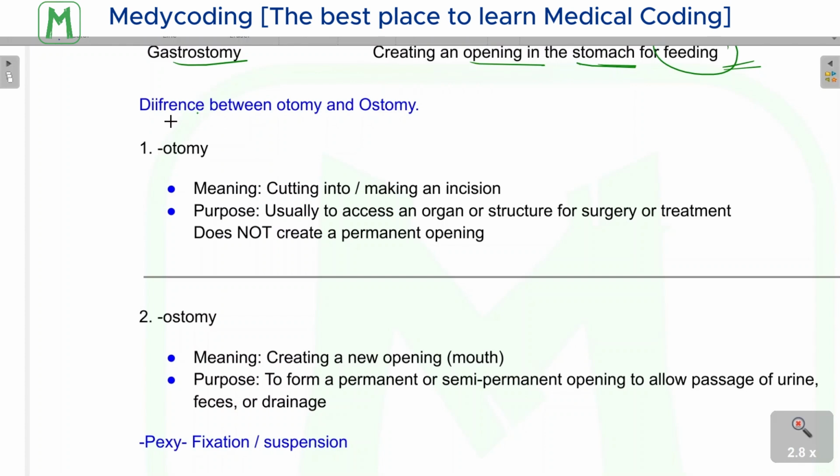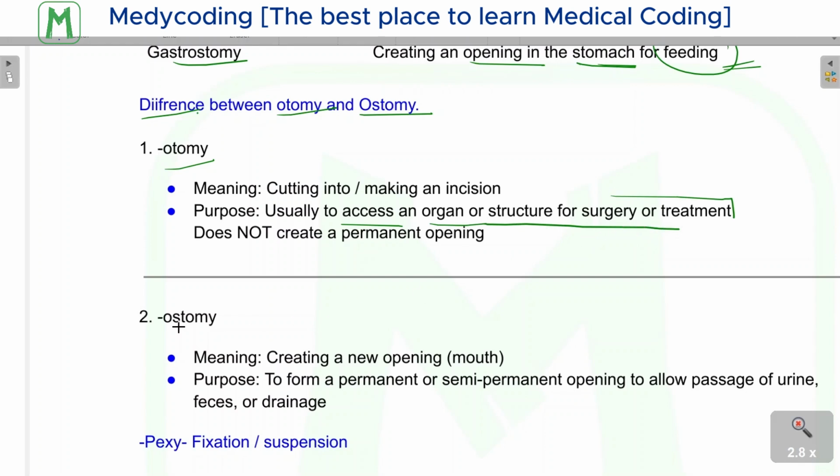People usually get confused about the difference between otomy and ostomy. So otomy means making an incision to get access to an organ or structure for surgery or treatment.